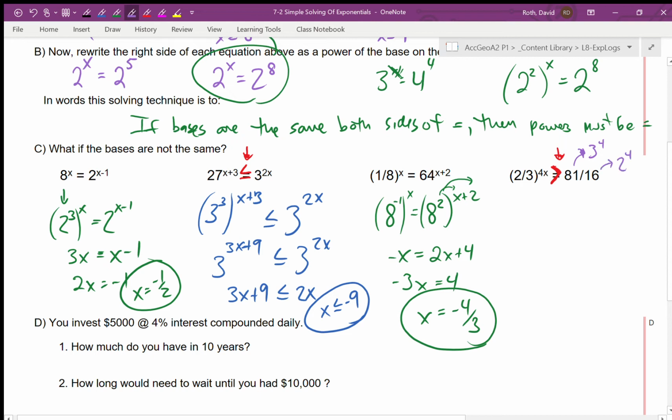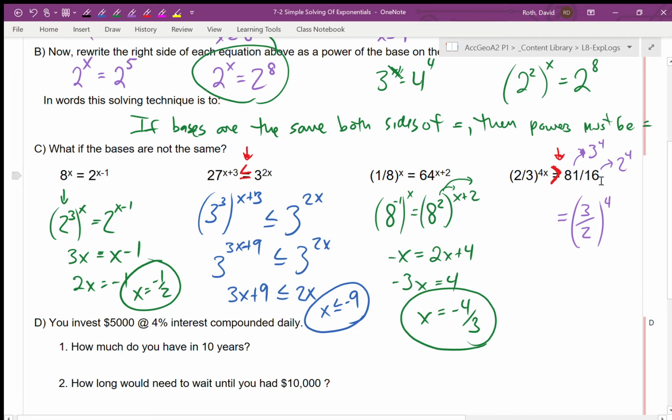Huh, that's interesting. It seems like I can turn that side into 3 over 2 to the 4th. Prove to yourself that that actually works. 3 to the 4th over 2 to the 4th is 81 over 16.